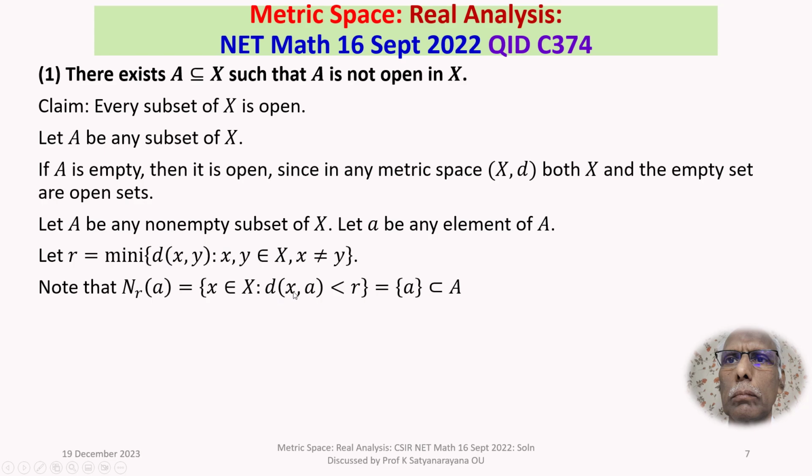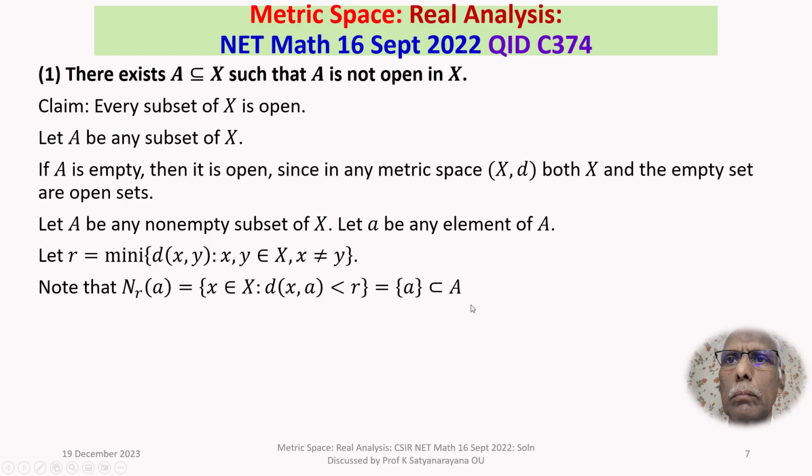So if x is a, then the distance between a and a is 0, which is less than r, as r is greater than 0. It works only for x equal to a. Thus, we will get the singleton {a}, which is contained in A. So we have a neighborhood with center a and radius r, which is entirely contained in A.